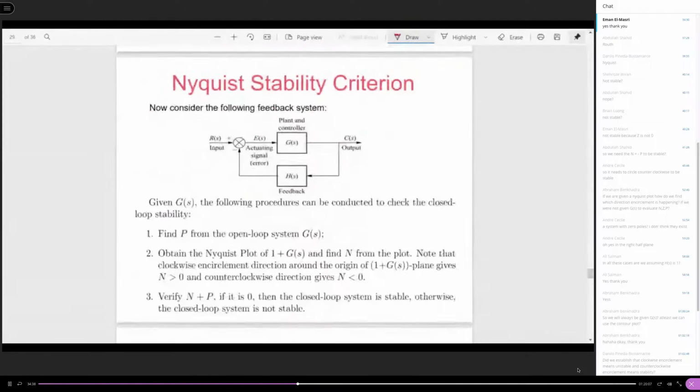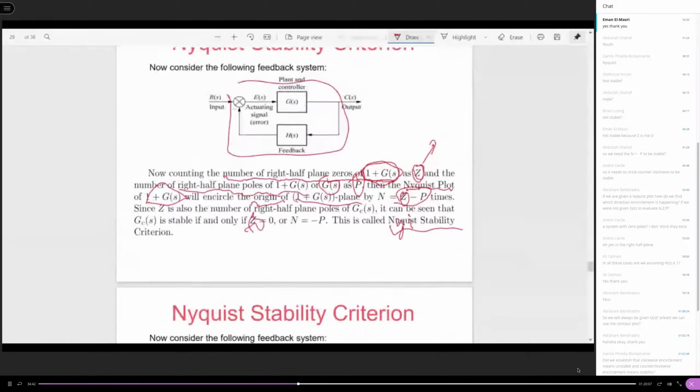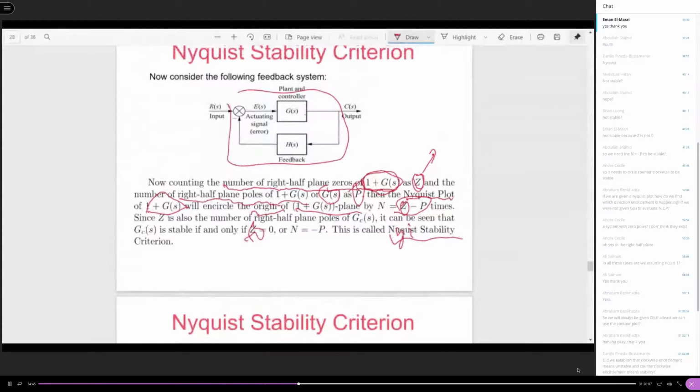So the Nyquist stability criterion basically says that if you have N equal to minus P, then your closed loop system will be stable. If this condition holds, then the closed loop system is stable.